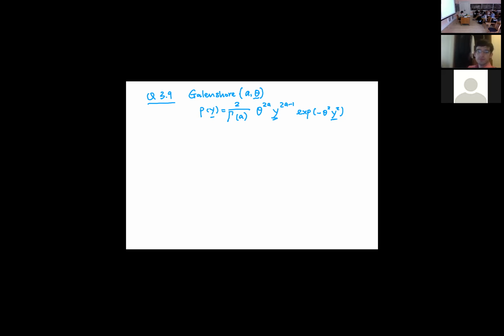Okay, so we know that in order to derive the posterior, the general approach that we take is, most of the time you're given the prior and the likelihood, and then you're asked to derive the posterior. The procedure is you put everything together and try to recognize the terms related to theta.